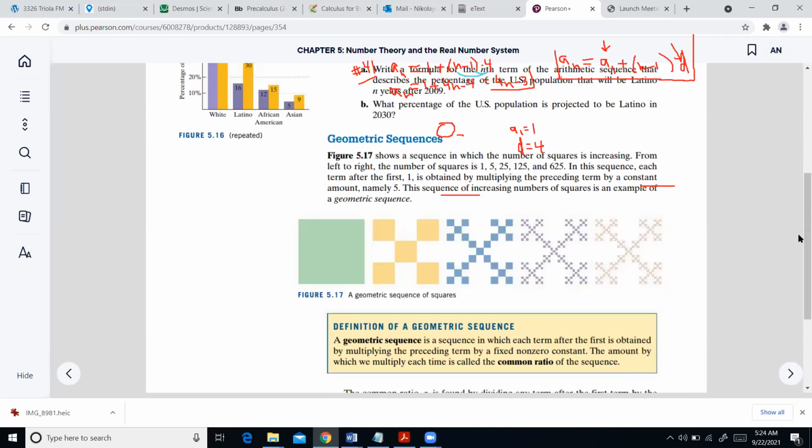For example, figure 517 shows that we multiply by some fractional part. Looks like we divide by 9 and we multiply by 5. So we actually multiply by 9/5.